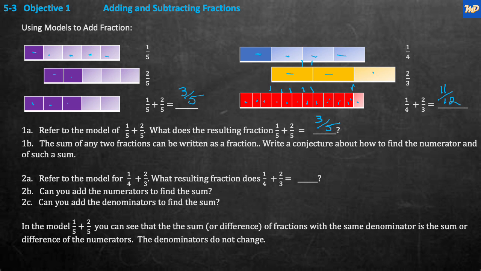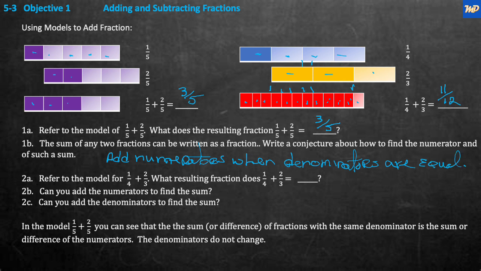Well, I think the conjecture would be that you can add numerators when denominators are equal. Okay? So that's a conjecture that we can use for this first set.